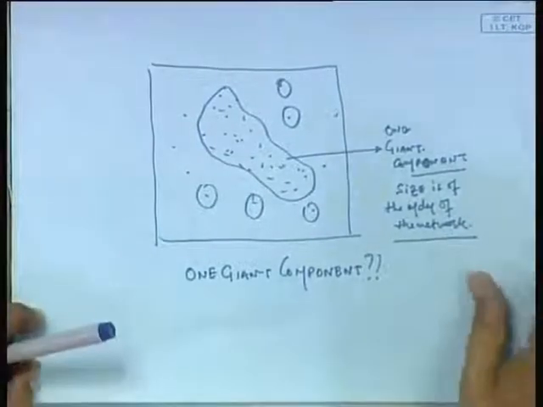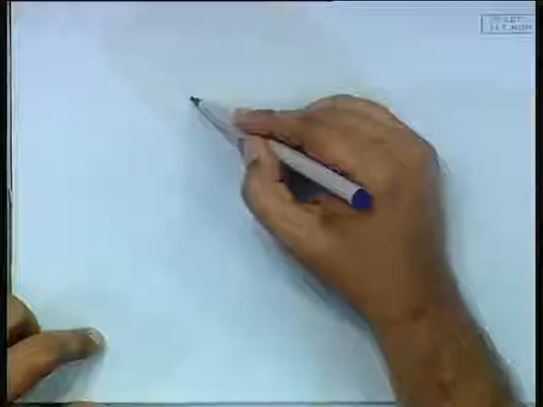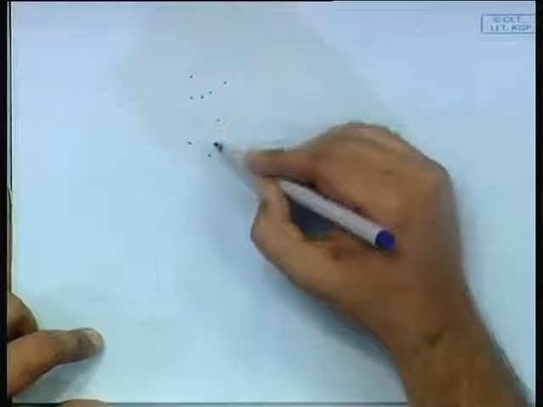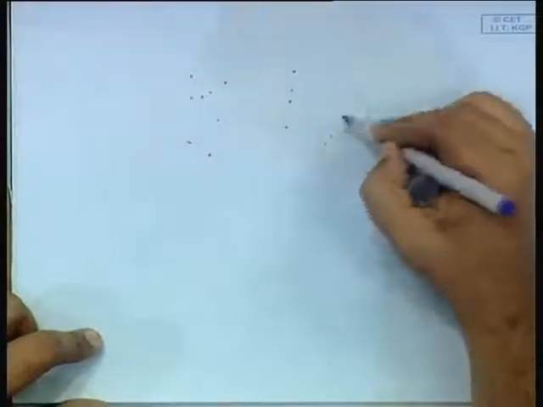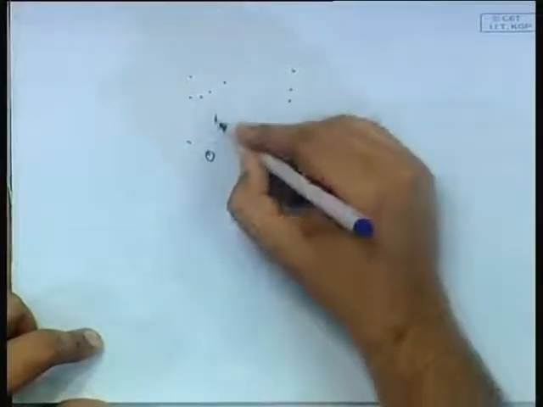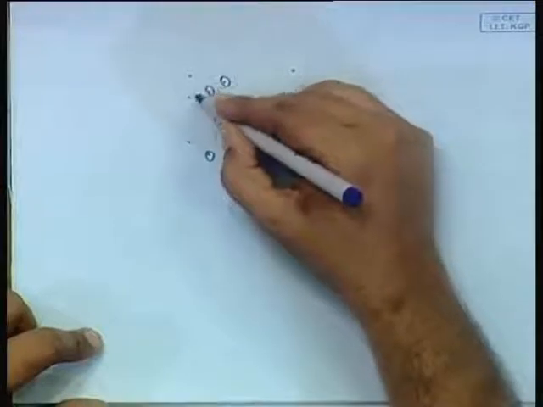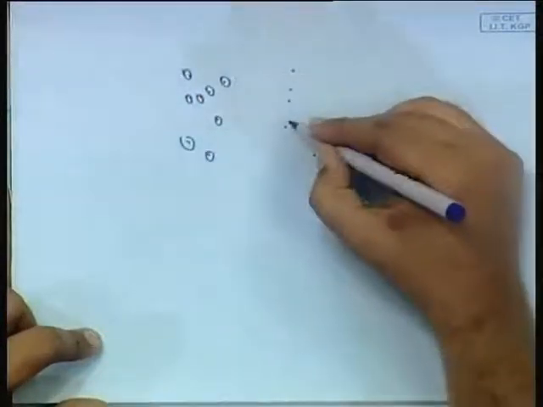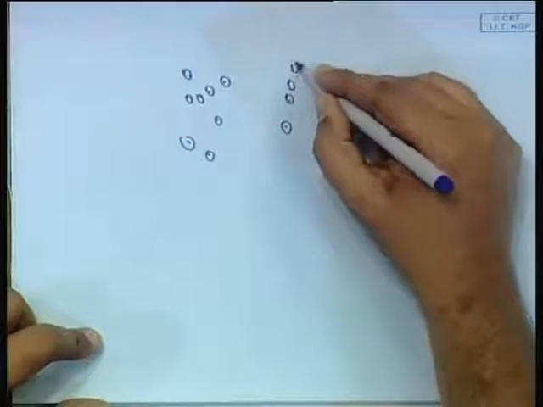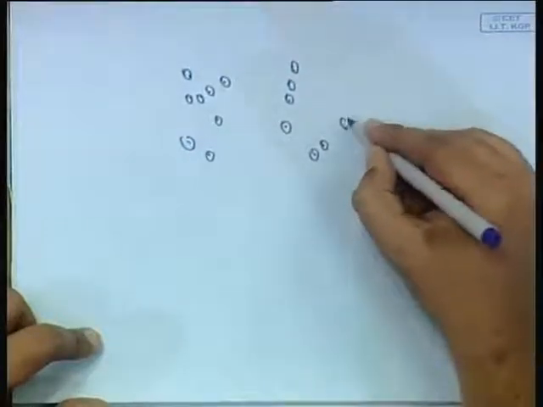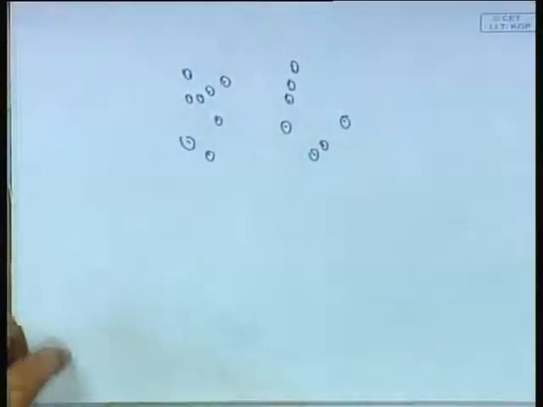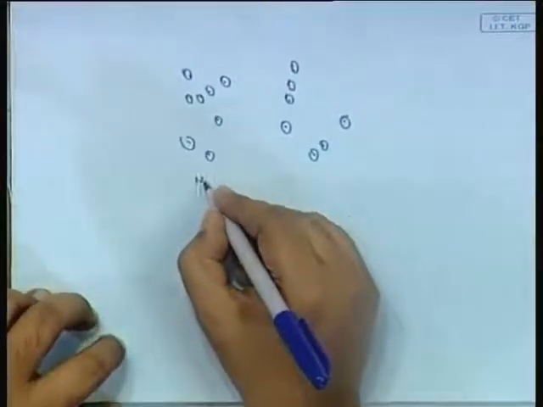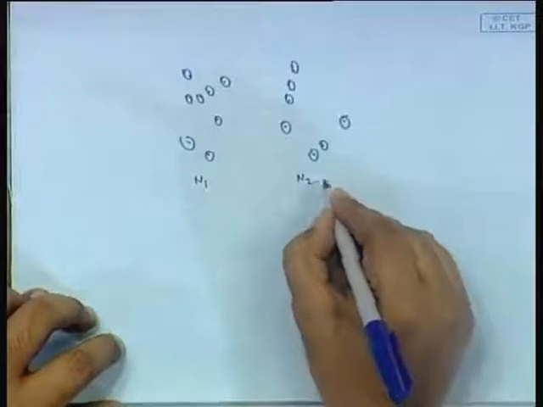Clear? Okay. So, now let us think of a network. I take nodes, and let us assume that there are two giant components of size n1 and n2.